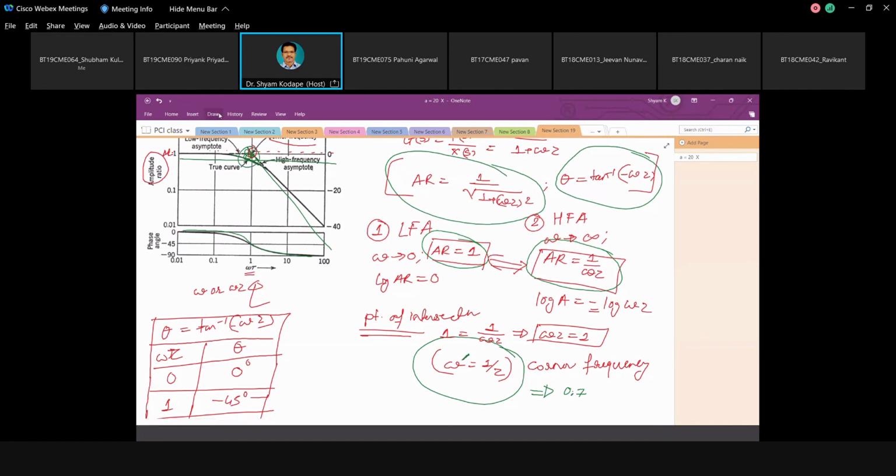That graph is because of substituting the corner frequency omega tau into the amplitude ratio equation. So the amplitude ratio comes out to be 0.5. The dotted lines are only the asymptotes, but the continuous line is nothing but the profile of AR, how the amplitude ratio is changing.